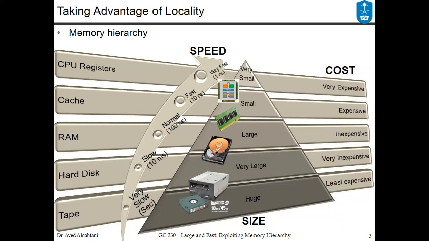So as you can see in this hierarchy, we're trying to gain the advantage of high speed, and that's in the top level of the hierarchy, and also very large size. So we are trying to get the best of both worlds.